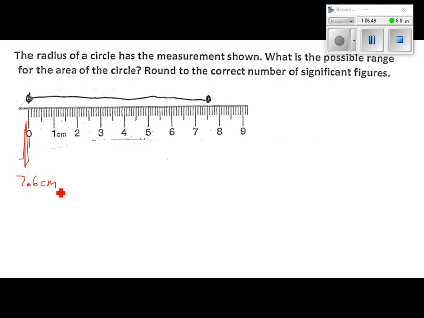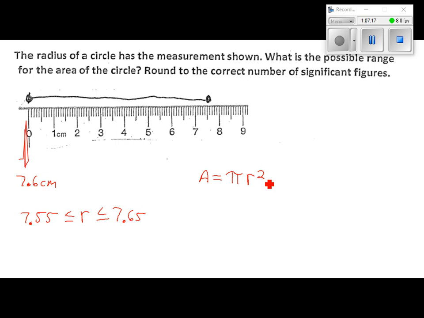If we're at 7.6, what's the smallest it could be? 7.55. What's the largest it could be? 7.65. Anybody remember the formula to find the area of a circle? Pi times radius squared.